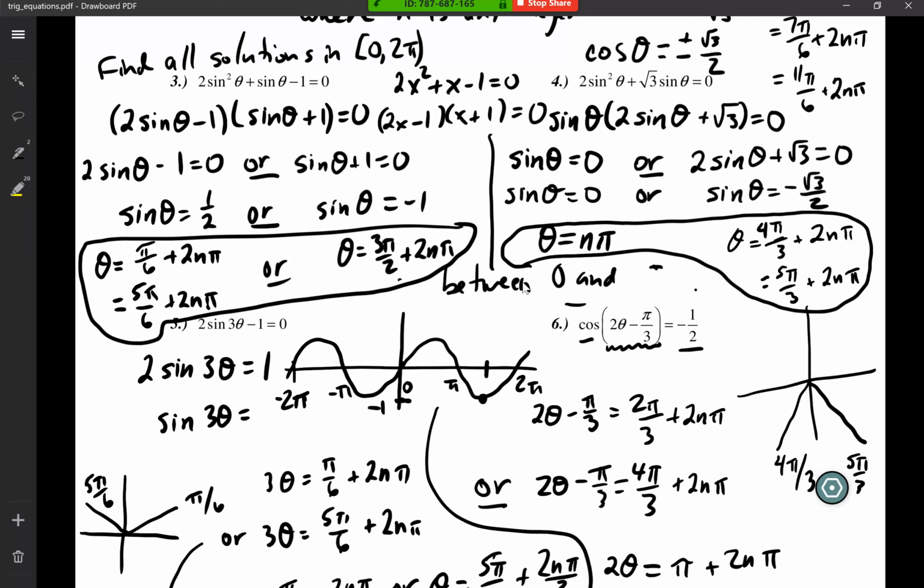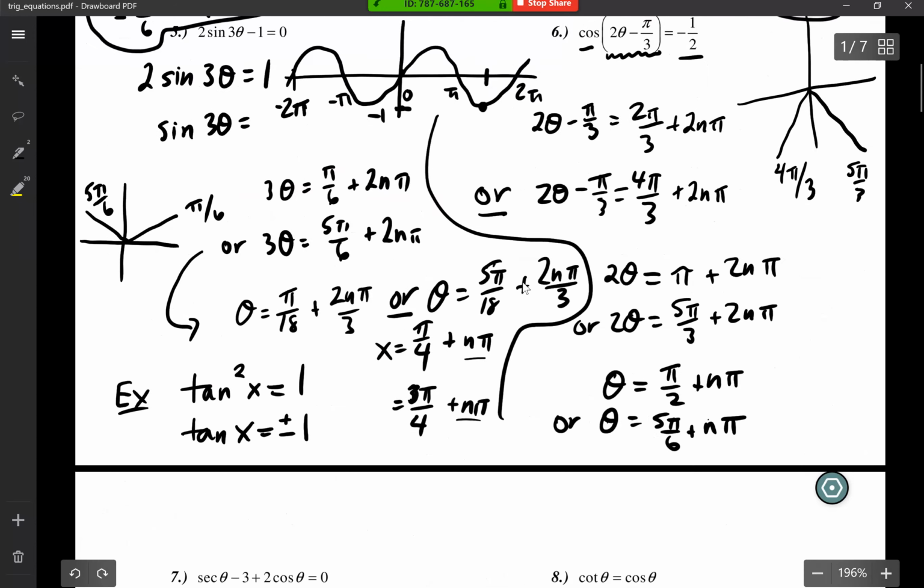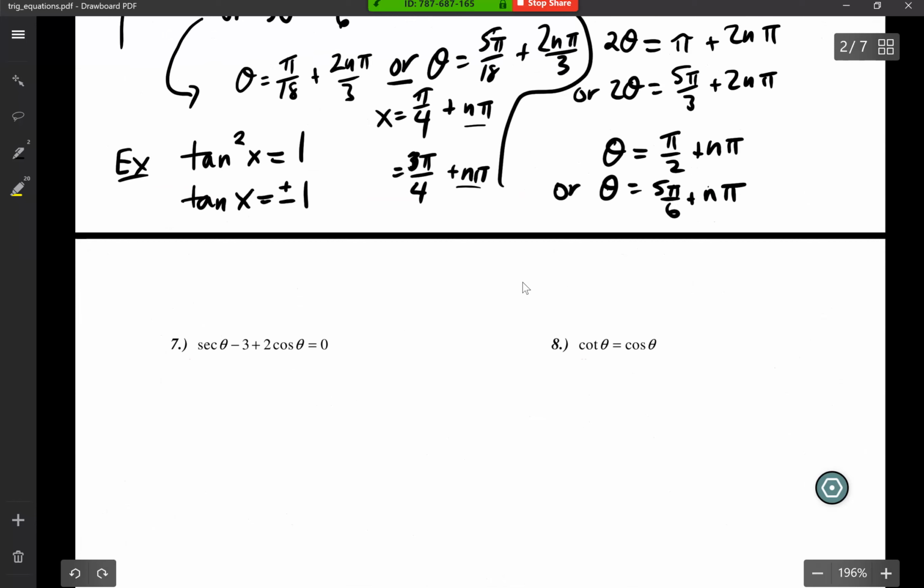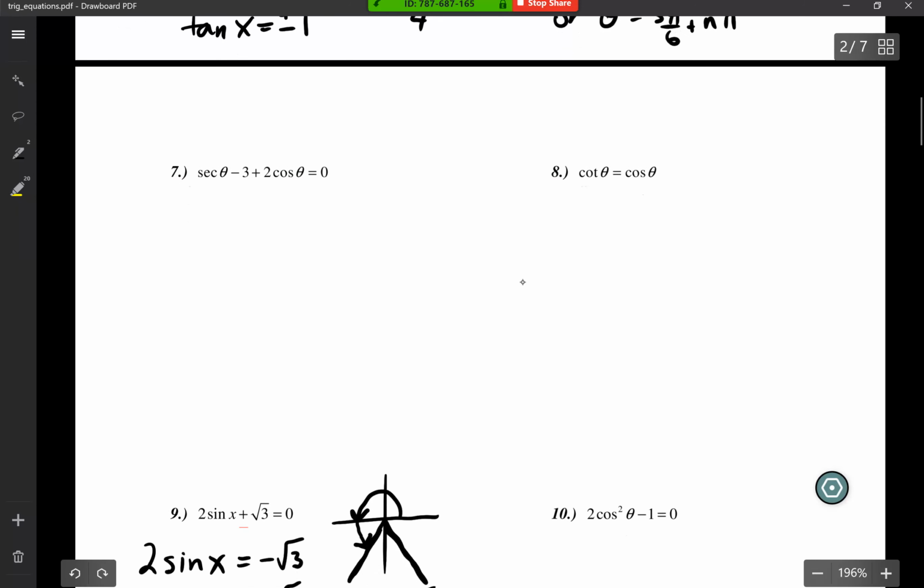Let's see if we can do another one where we have to factor, where it may not look like we have to factor to start with. So let's look at number 7 here, where we have secant of theta minus 3 plus 2 cosine theta is equal to 0.